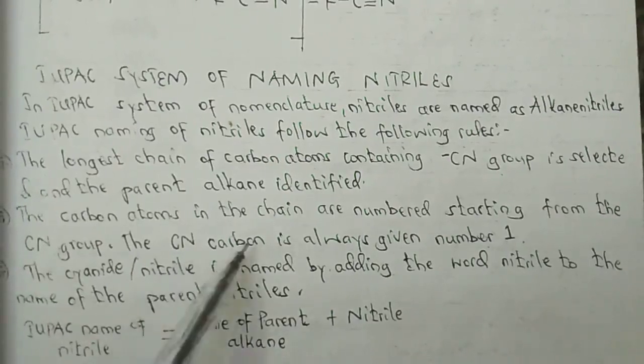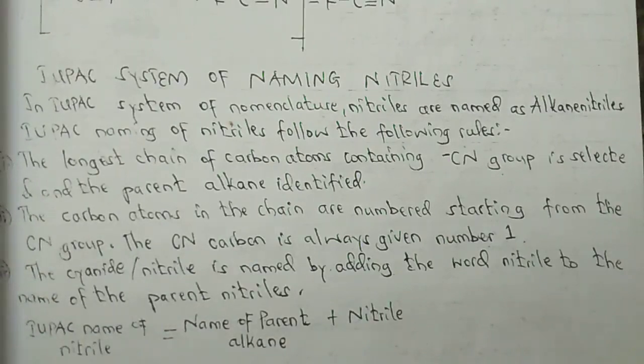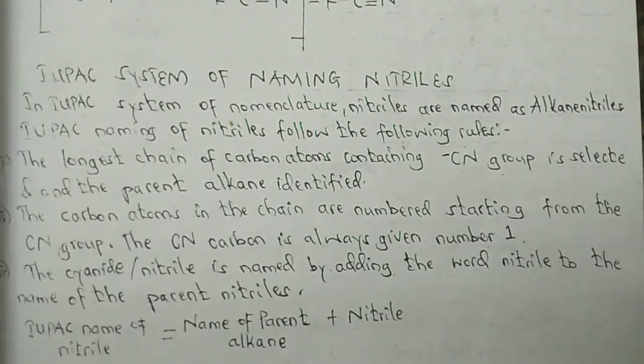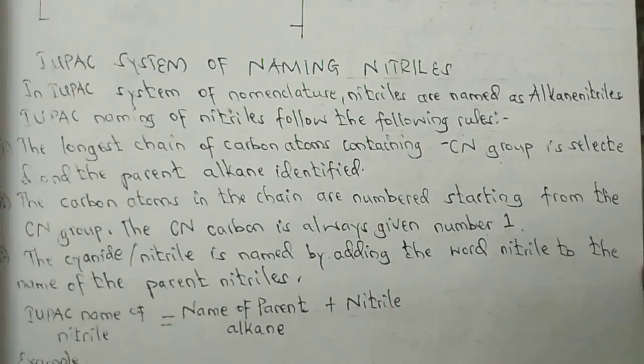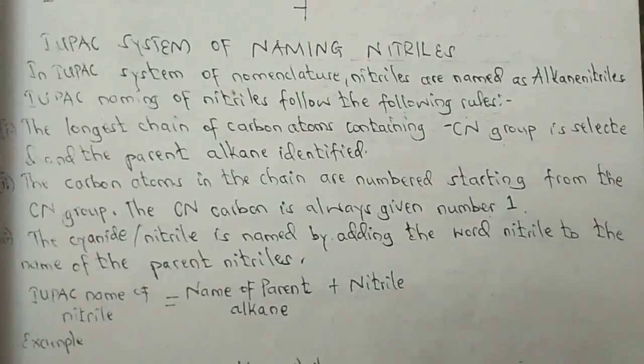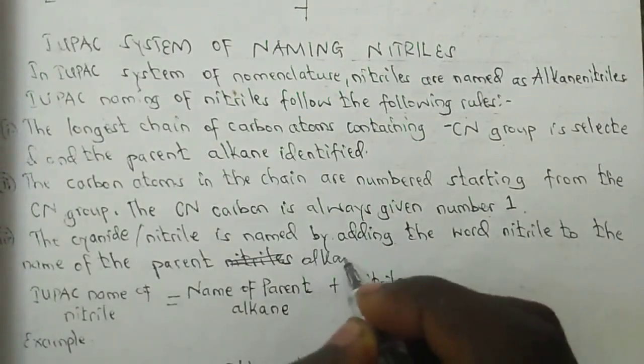The cyanide or nitrile is named by adding the word nitrile to the name of the parent alkane. So the IUPAC name of the nitrile is equal to the name of the parent alkane plus nitrile. Here it's not parent nitrile, it's parent alkane.